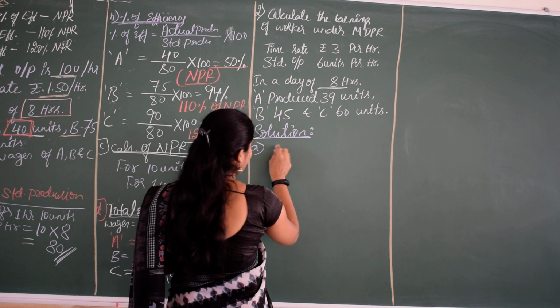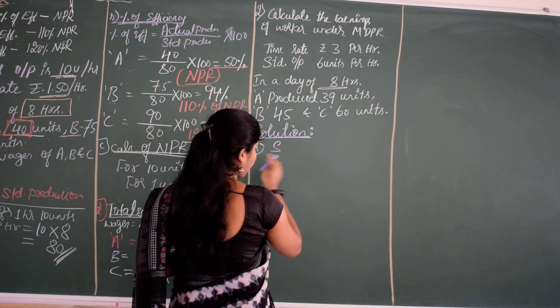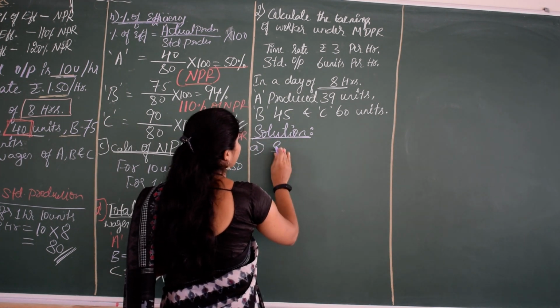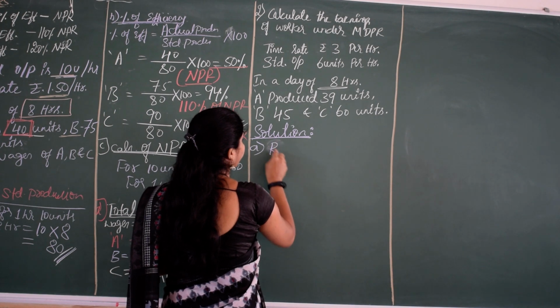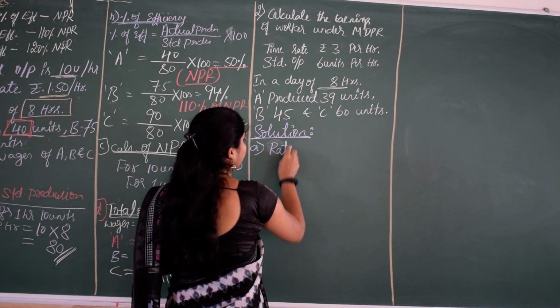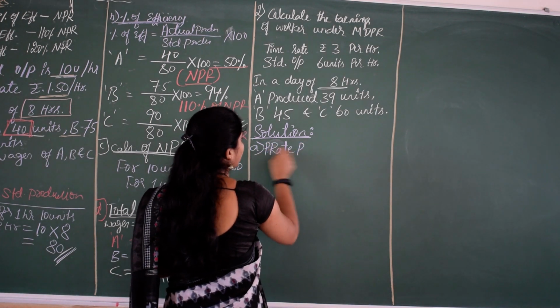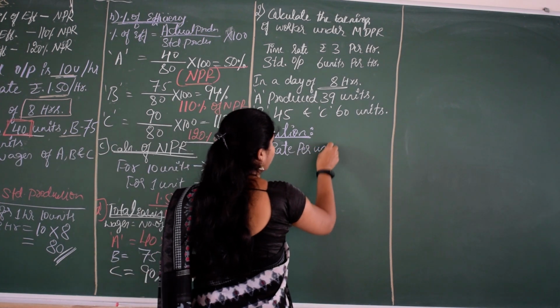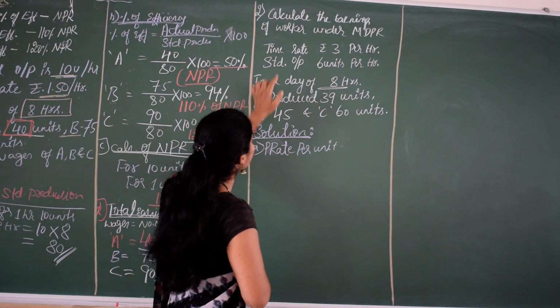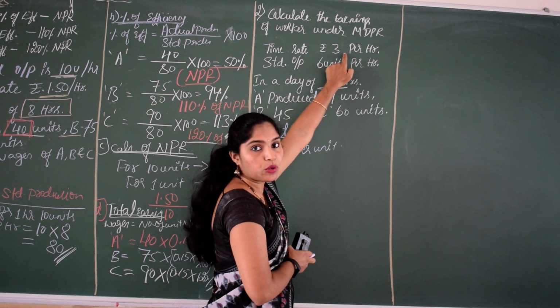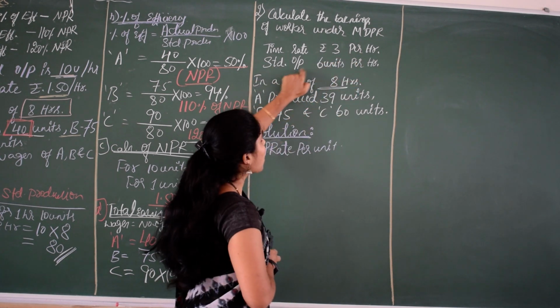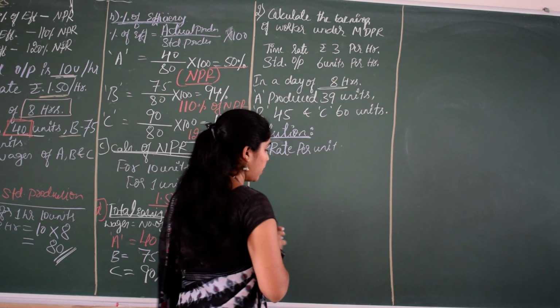So what is the rate? Time rate is 3 rupees per hour, standard output 6 units per hour.